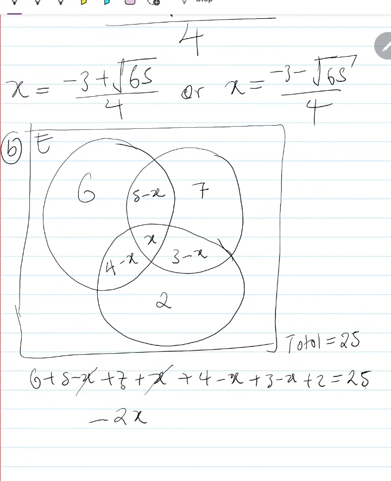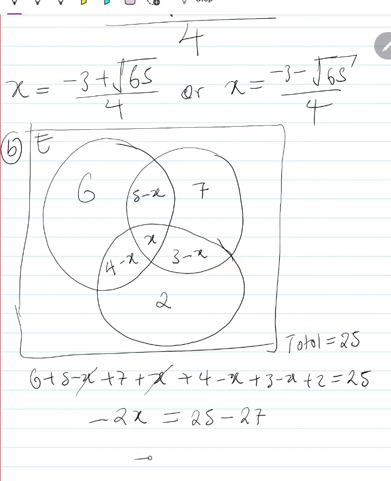Then 6 plus 7 is 13, plus 4, 17, 18, 19, then this looks like 21, 2, 3, then plus 4 is 27. Okay, so on the left side you have 27, but here you have 25, so 25 minus 27.